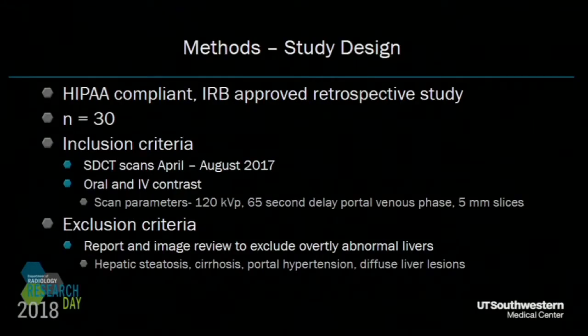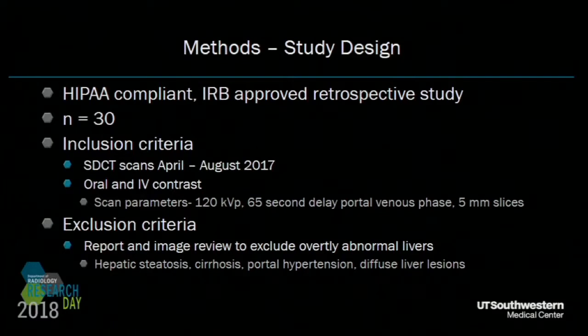So our study design, in this HIPAA-compliant IRB-approved retrospective study, we took images from a heterogeneous group of patients that were undergoing CT scans not evaluating the liver. Across this span of time, these are our scan parameters, and we chose to exclude livers that were overtly abnormal.